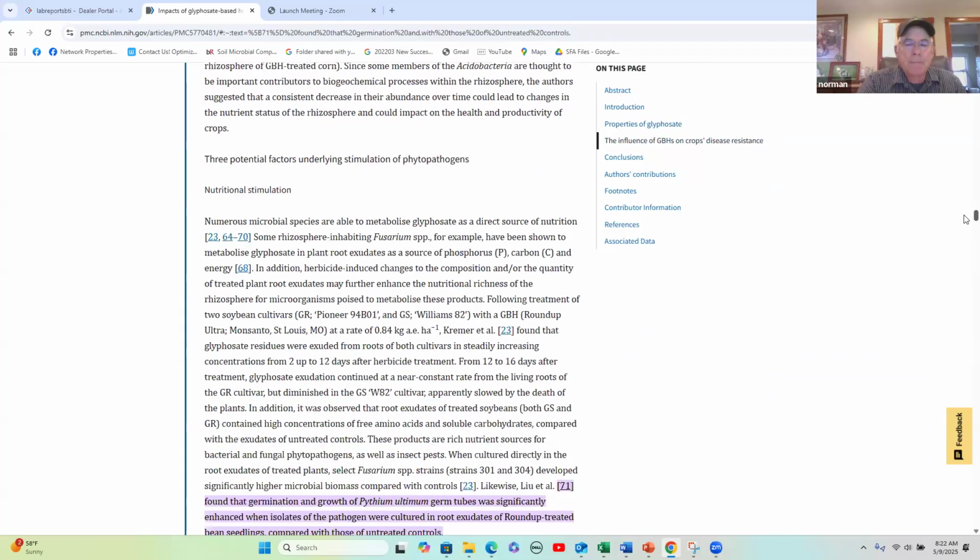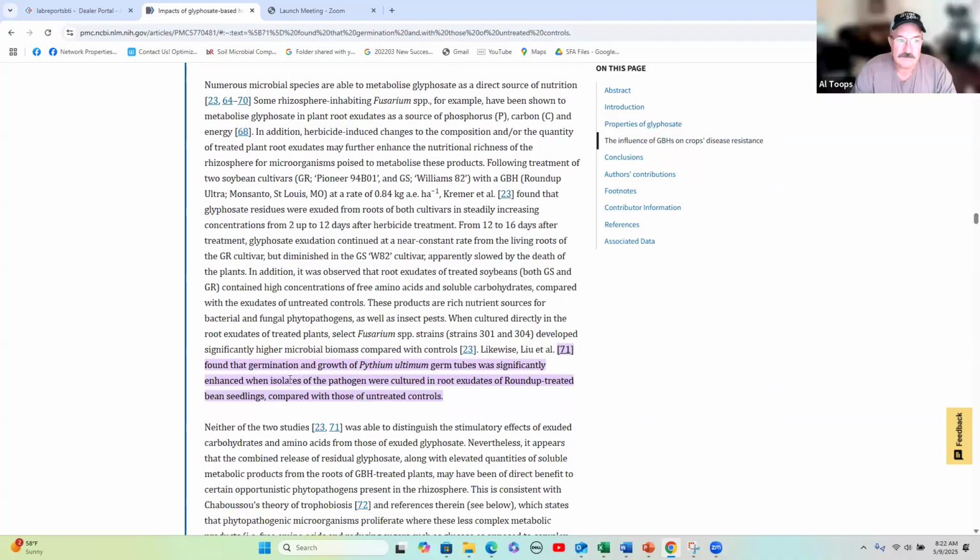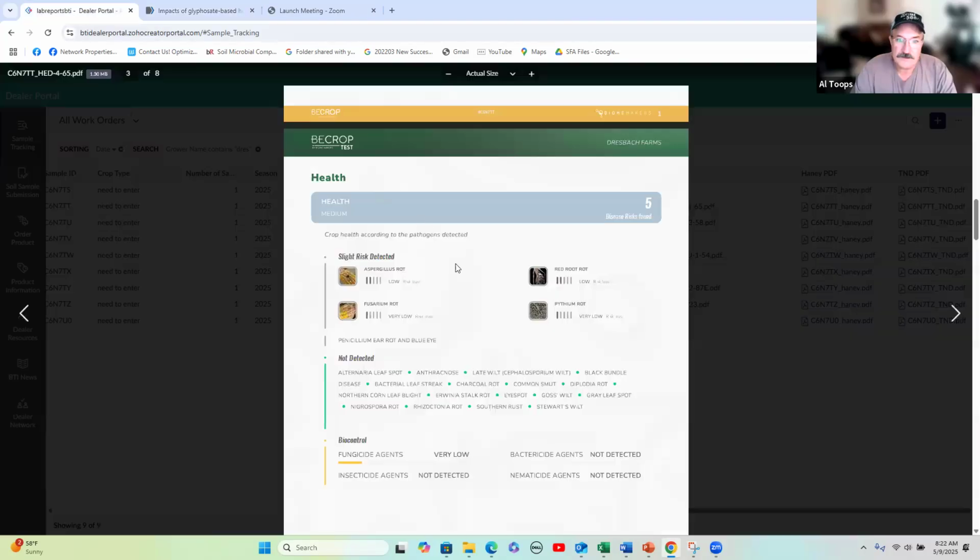Please do. But what we found is that the germination and growth of Pythium was significantly enhanced with crops that have been Roundup treated. And I've seen that now in enough of these reports to tell you that there's probably some validity to that, that these herbicides are causing a major decline in our beneficial fungi in the soil.